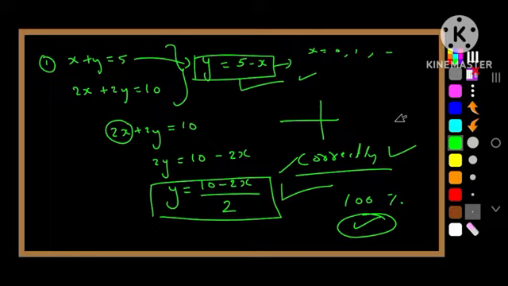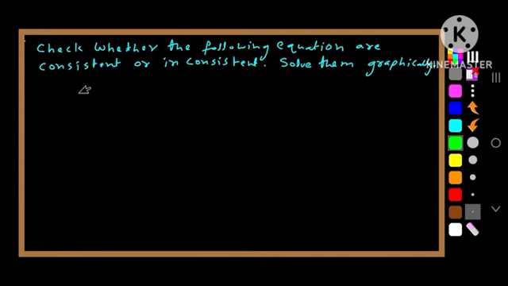In this video we are going to discuss graphs from the fourth chapter, pair of linear equations. So here the question will be like this: check whether the following equations are consistent or inconsistent, and you have to solve them graphically.